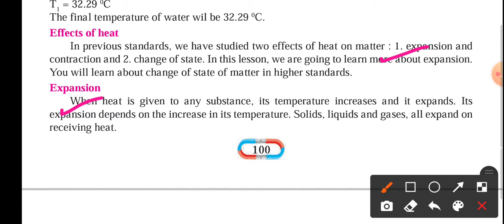When heat is given to any substance, its temperature increases and it expands. The expansion depends on the increase in the temperature, and on whether it is a solid, liquid, or gas, meaning which particular material we have and how much heat we are supplying to it. On the basis of that, it expands.